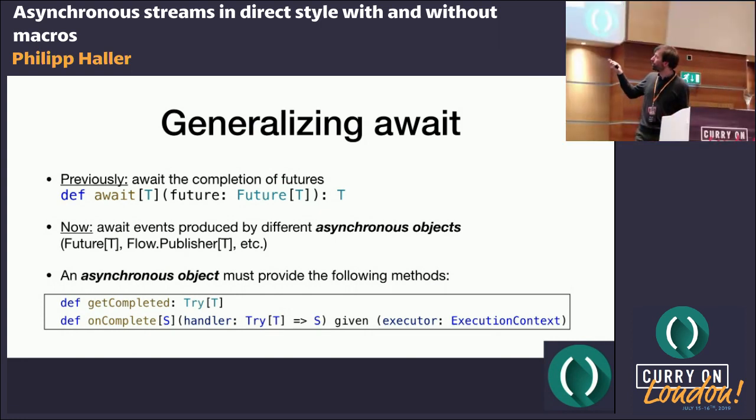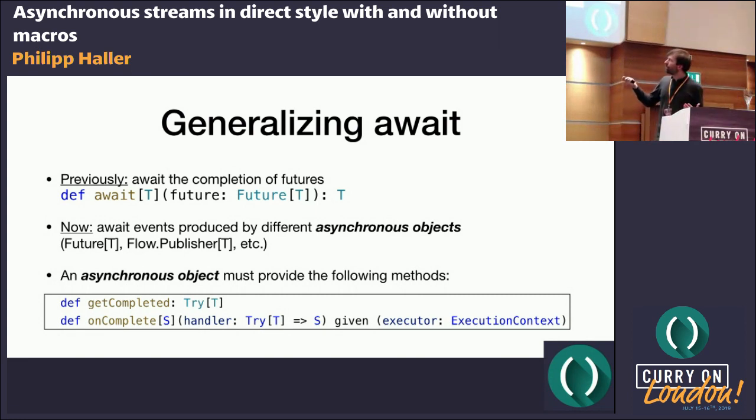But now we need to await events that are produced by different asynchronous objects. So it could be futures, right? But it could also be publishers and maybe other async objects. And so the idea is that we have a notion of an asynchronous object that provides methods to receive or to await the next events that they emit, right?